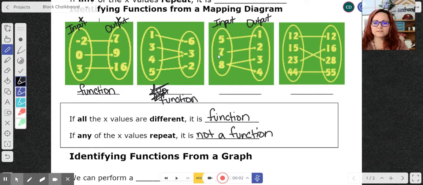Good. Input of 7, output of 2. Good. Here, I've got an input of 8. And so I push on the 8, and then out pops 3 and 4, right? I got 2 sodas. So, ladies and gentlemen, that is not a functioning machine. It's not a function.